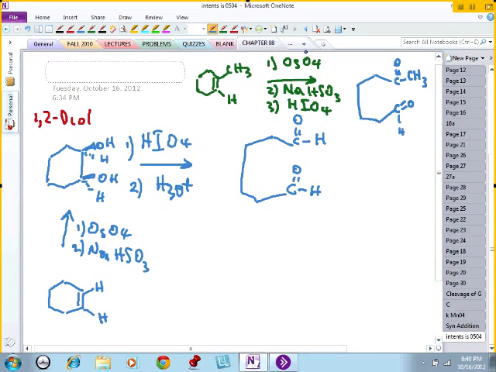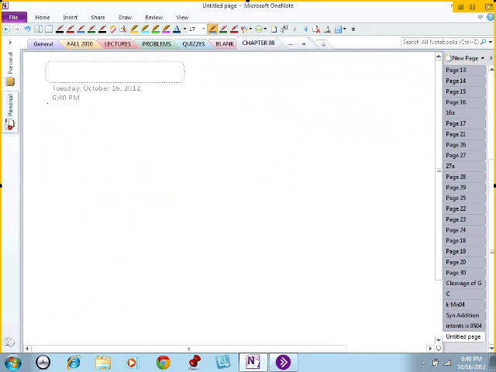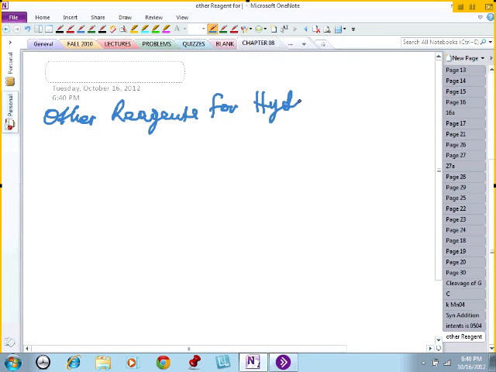Okay. So at this point, since we started with hydroxylation, I also want to give you additional reagents that will allow you to do hydroxylation. Let's call this other reagents for hydroxylation.